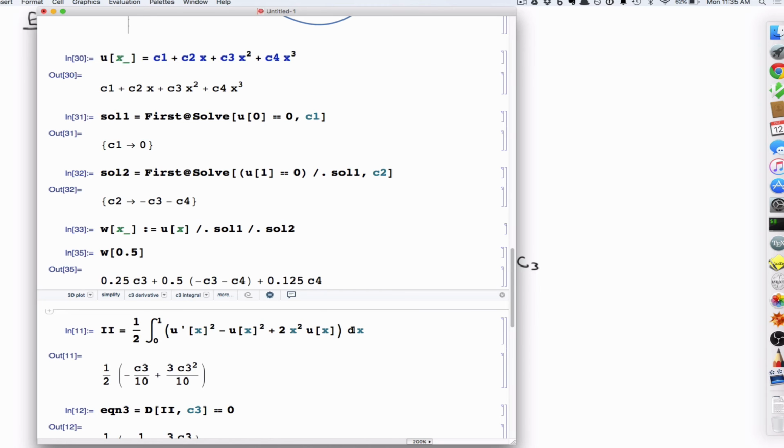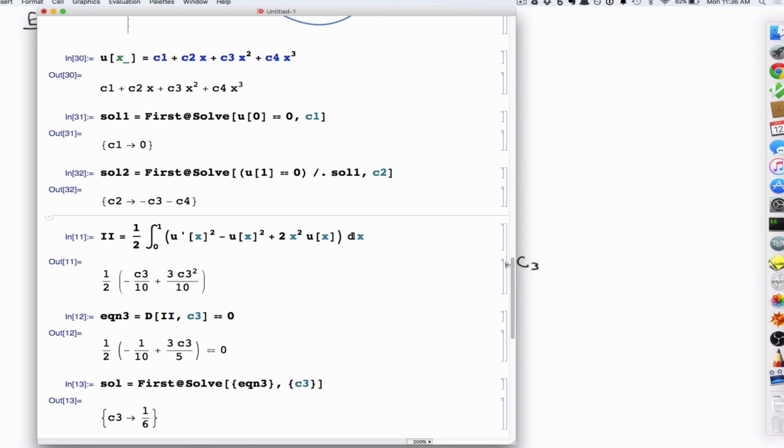Okay, so there, I'm just testing out my function. I solve for the coefficients that satisfy the boundary conditions, and then I just plug those back into the original. I don't even have to do that, that's making it too confusing, actually. I can just do it in the quadratic functional. So I just assume the polynomial, solve for the coefficients that satisfy the boundary conditions, and now I'm just going to substitute those into this guy, okay?